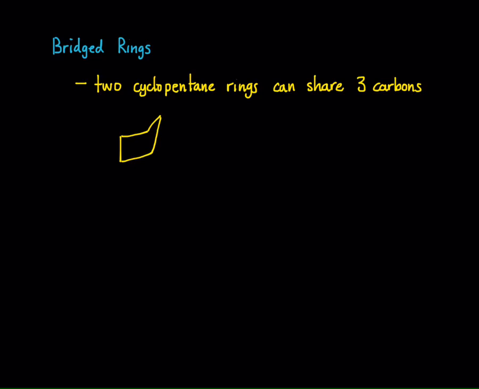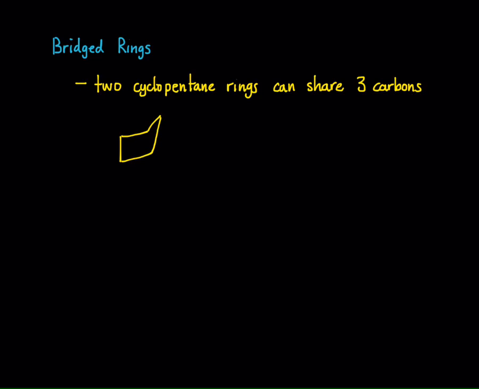Now we get into bridged rings, and a bridged ring shares 3 carbons. So we can think of 2 cyclopentane rings that can share 3 carbons. Basically, the smallest ring you can have that shares 3 carbons is a cyclopentane ring, and what you get is something like this.